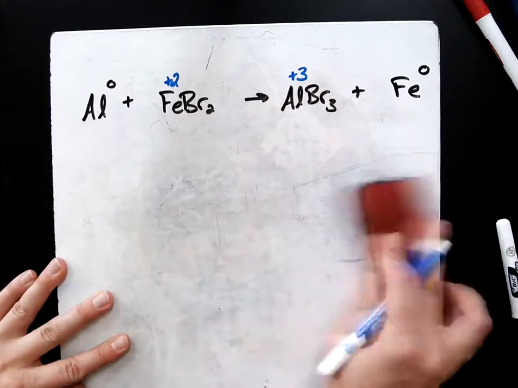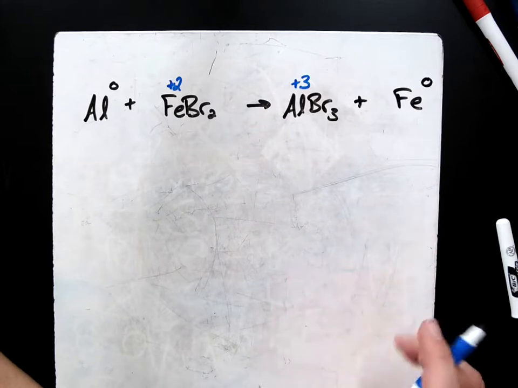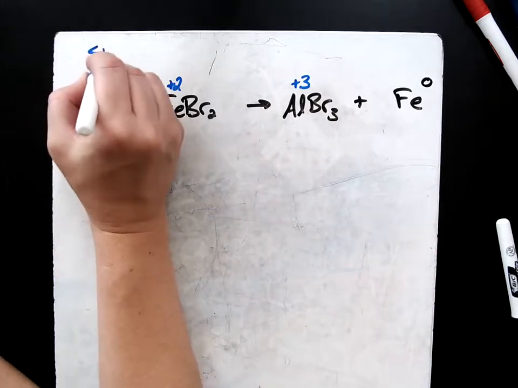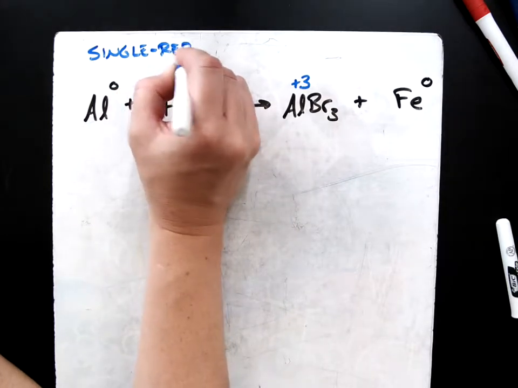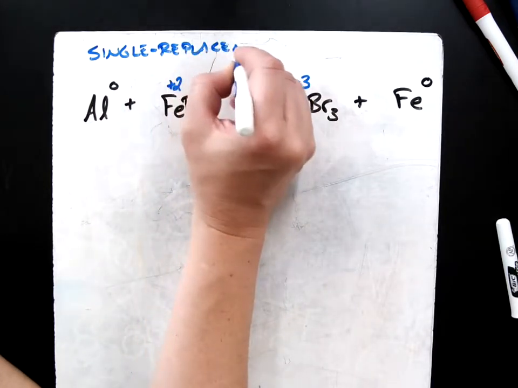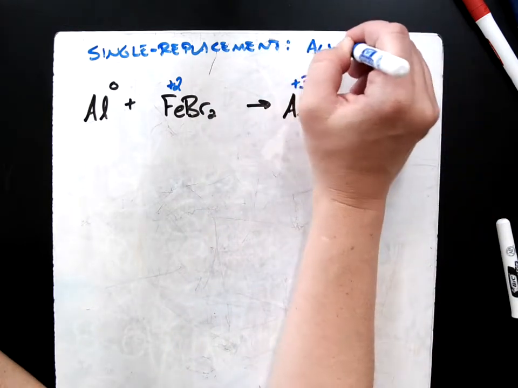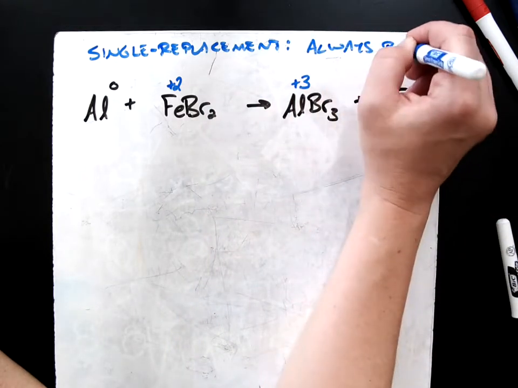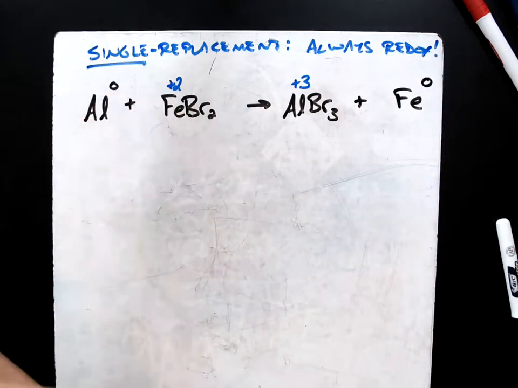Okay, now let's talk about what kinds of reactions are and are not redox. This is a single replacement reaction, of course, and single replacement reactions are always redox. Always redox. And the reason is hiding in this word single.